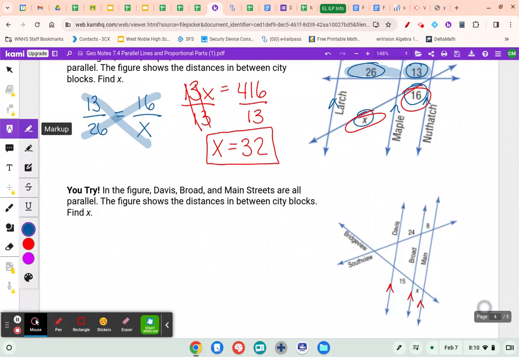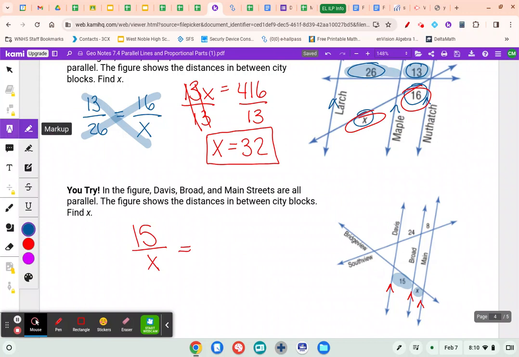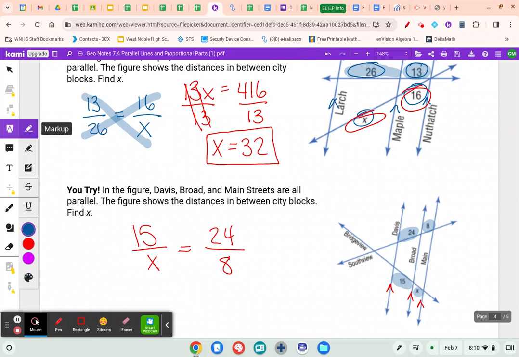So I'm going to take 15 over x, write that out. This will match up to 24 over 8. Now this should be smaller than 8 because 24 is bigger than 15. We'll just see. We can think through it later.